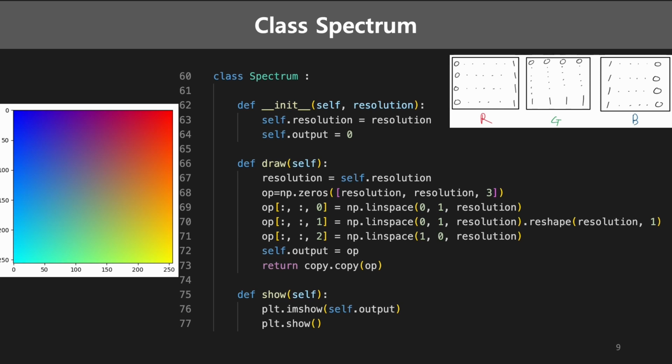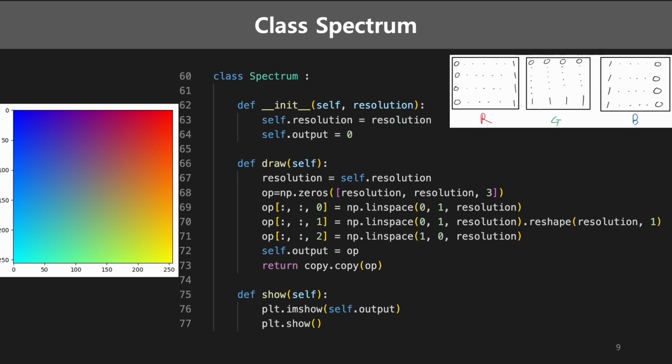Second, for the red channel, I set each row to a linearly spaced array between 0 and 1. This creates a gradient from left to right. For the green channel, I set each column to a linearly spaced array between 0 and 1. I use reshape to make it a column vector. This creates a gradient from top to bottom.